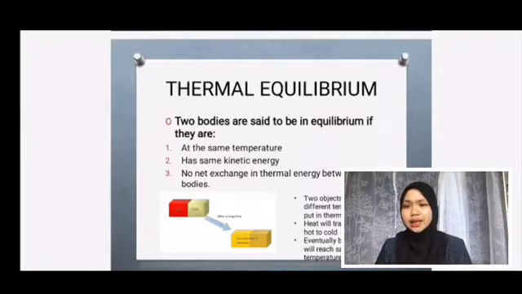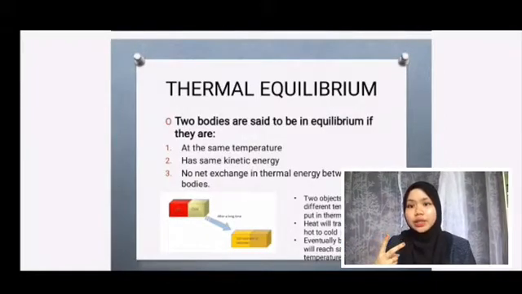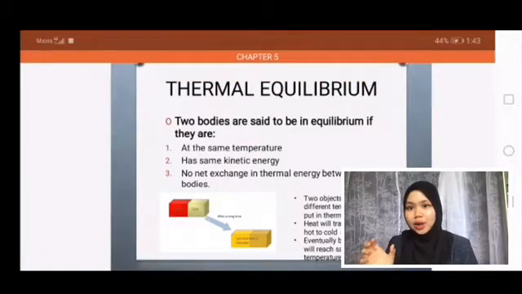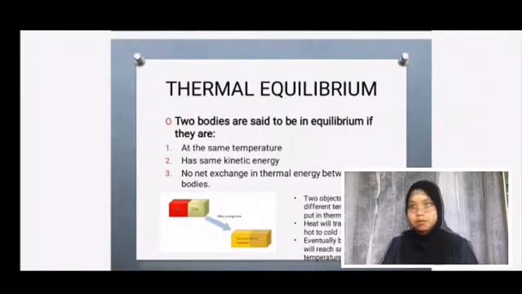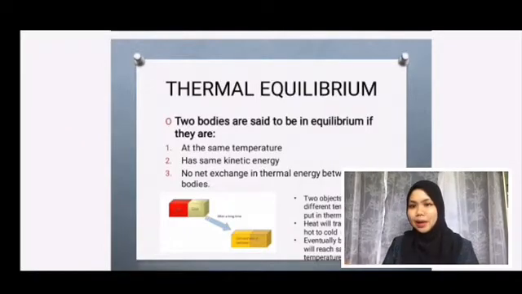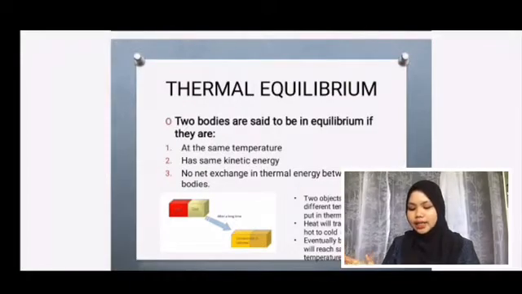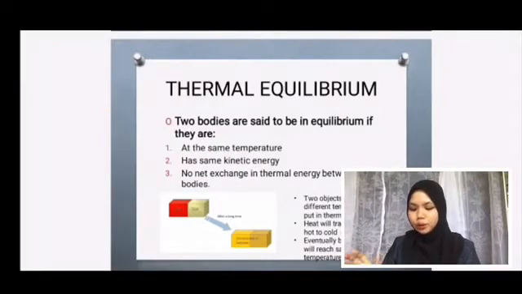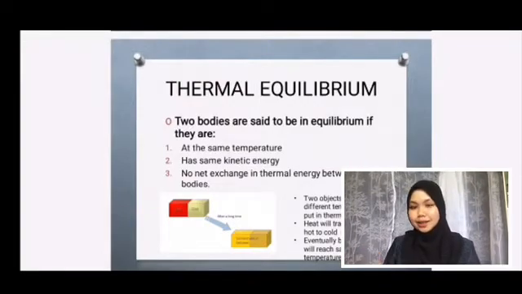For example, if you have two objects at different temperatures, one cool and the other hot, this shows that the objects have kinetic energy of different values. Because they are close together, heat can transfer from hot to cold. At some time they will reach the same temperature and kinetic energy. At this point we can say that the objects have successfully achieved thermal equilibrium.